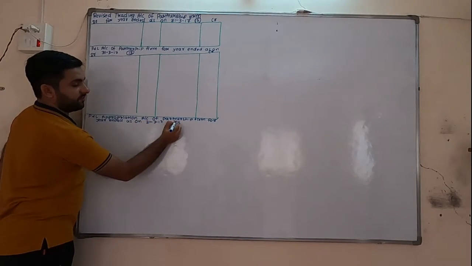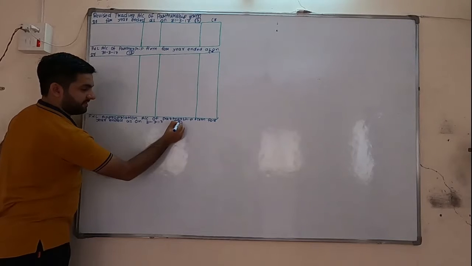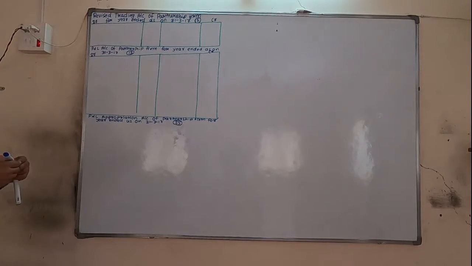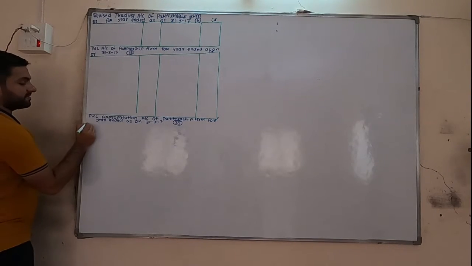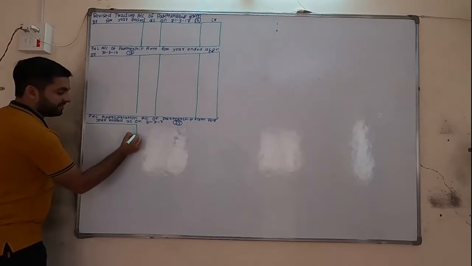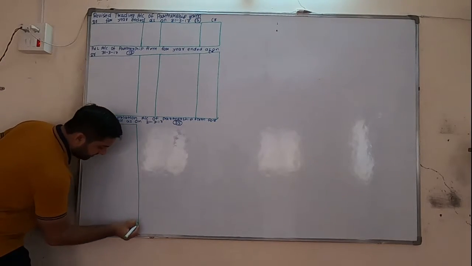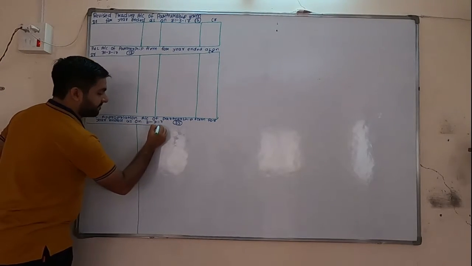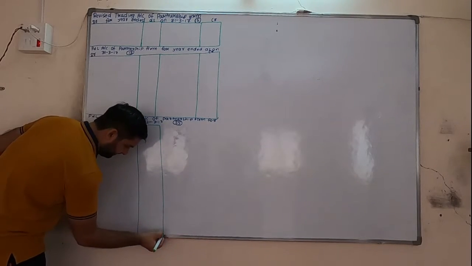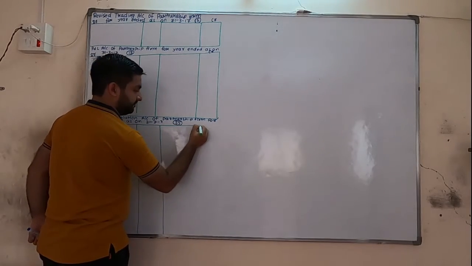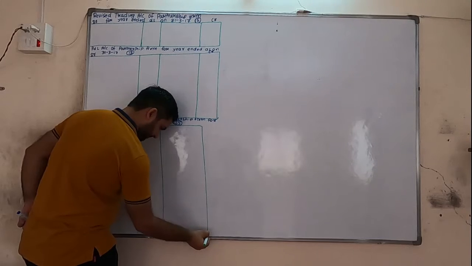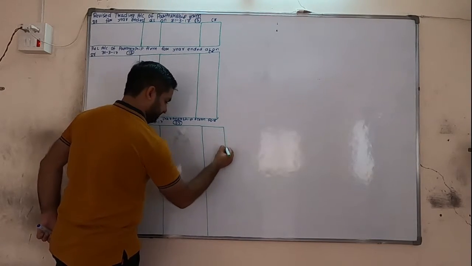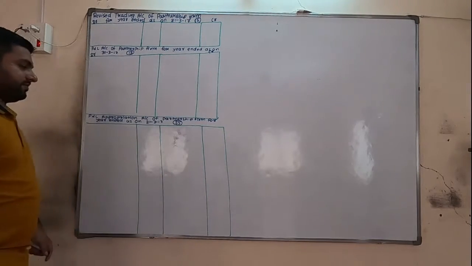Now draw this for 25 lines, my friends. This is the maximum account with maximum transactions, because everything is interest on capital and interest on drawings. So we need maximum space here.